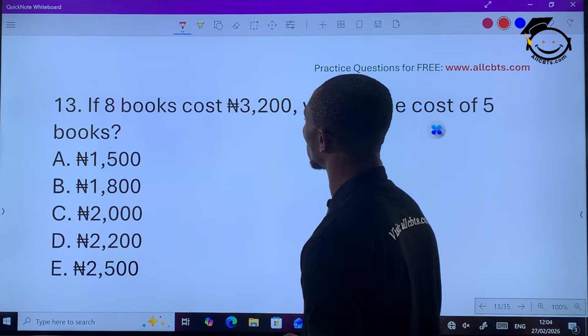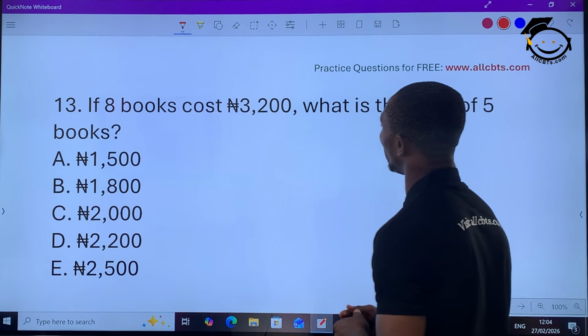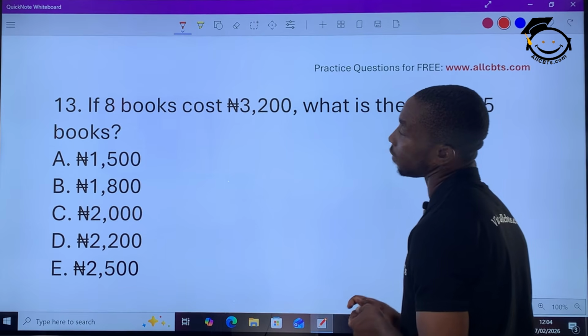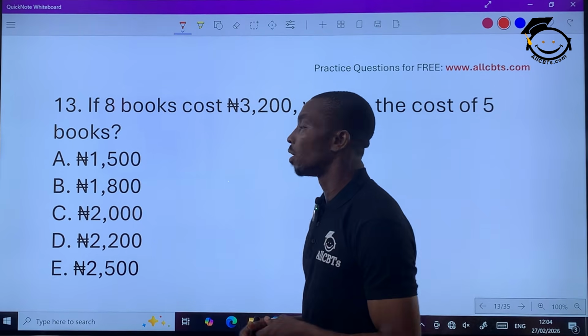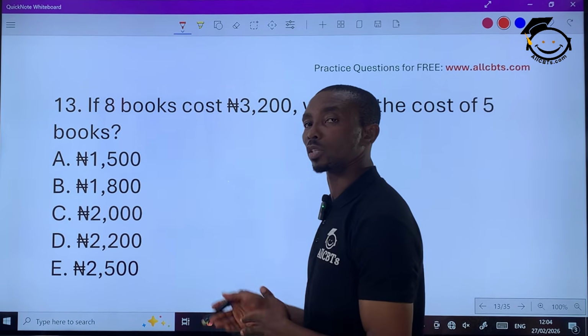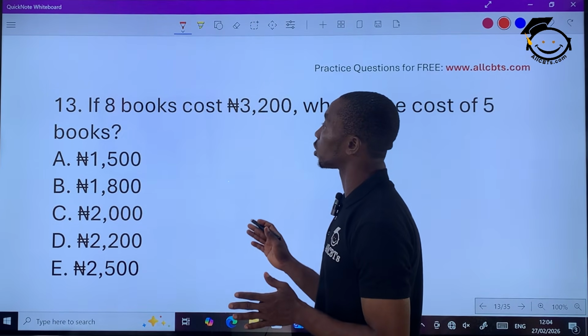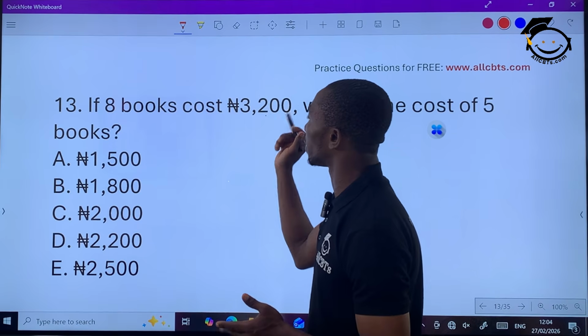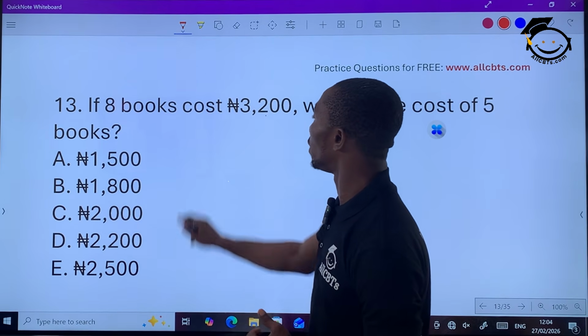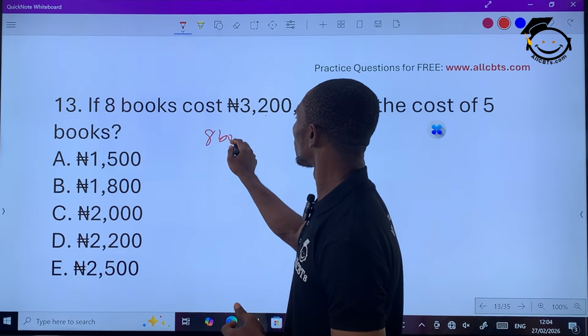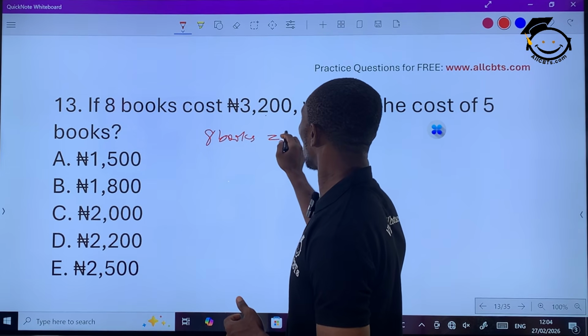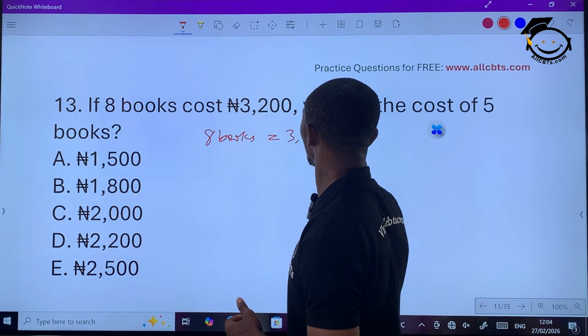If 8 books cost 3,200, what is the cost of 5 books? Okay, now if 8 books are costing 3,200, then definitely 5 books would cost lower than 3,200. 8 books cost 3,200.